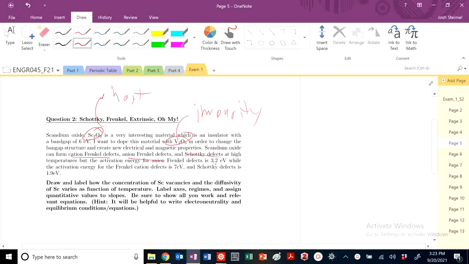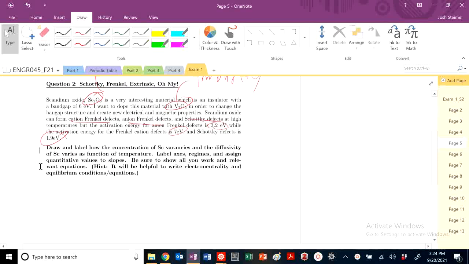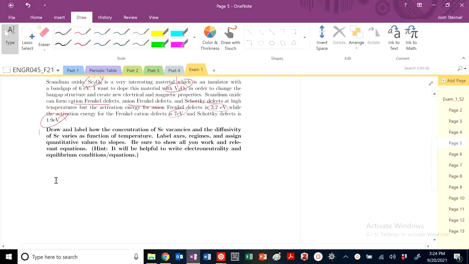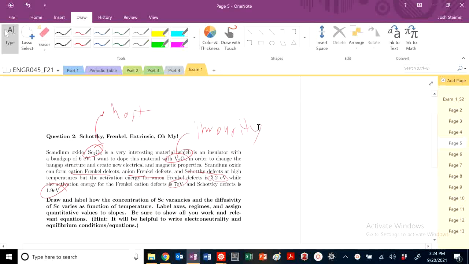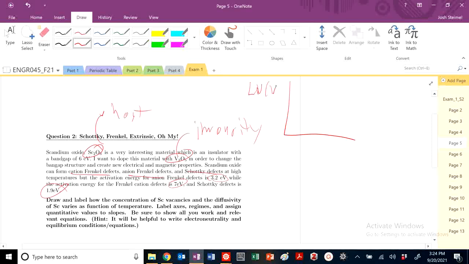Activation for the anion Frenkel is 3.2, for the cation 7, and for Schottky 1.9. So I know that's the dominant intrinsic reaction. Let's draw our little slopes up here. I want to draw and label the concentrations of scandium vacancies: natural log of vacancies of Sc. Scandium is Sc2O3, so that's 3 plus.